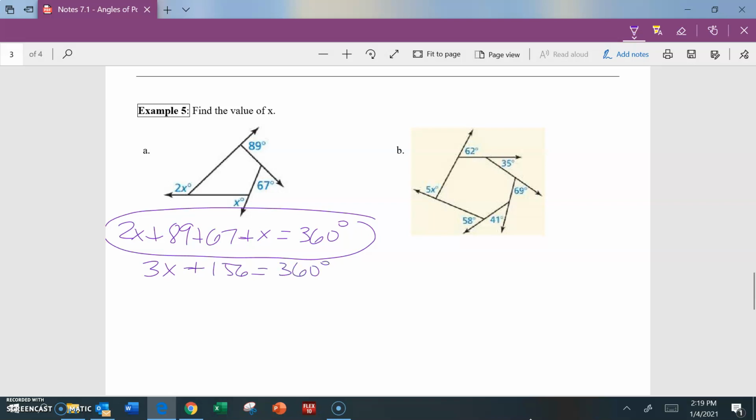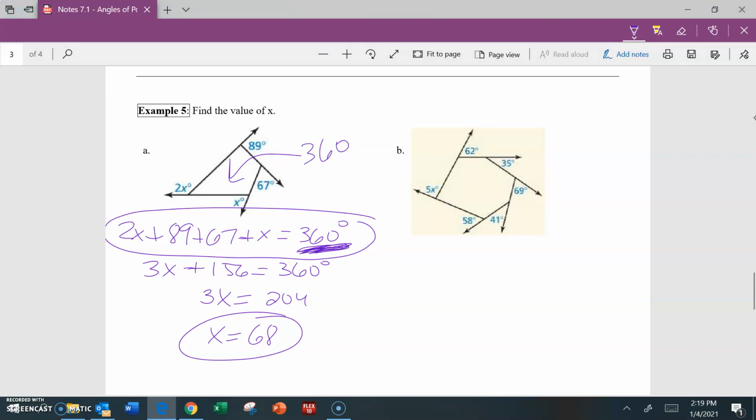As I say it, make sure you show your work. So you should be subtracting 156 from both sides and then dividing by 3. So you should get x is equal to 68. And this is the only time I will tell you that the inside angles add to 360, but so did our 4 outside angles.